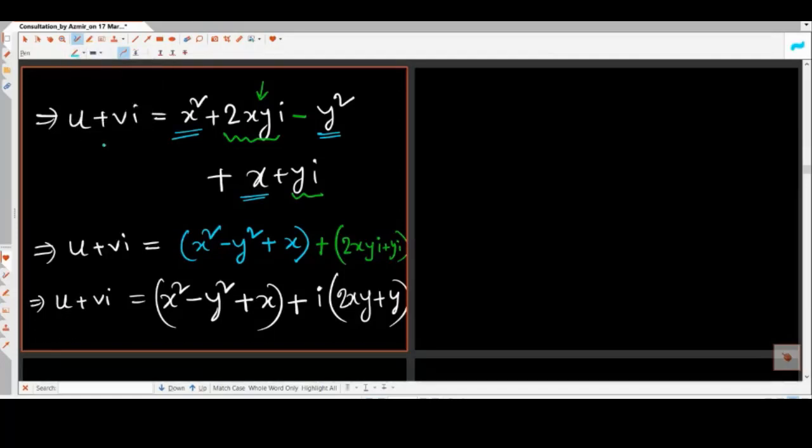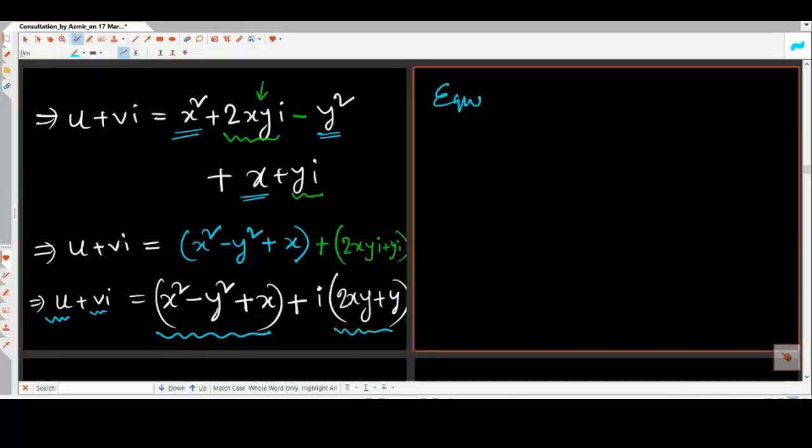Now we can understand that u will be this part and v will be this one. So that means now we are going to equate the real parts and imaginary parts from both sides.